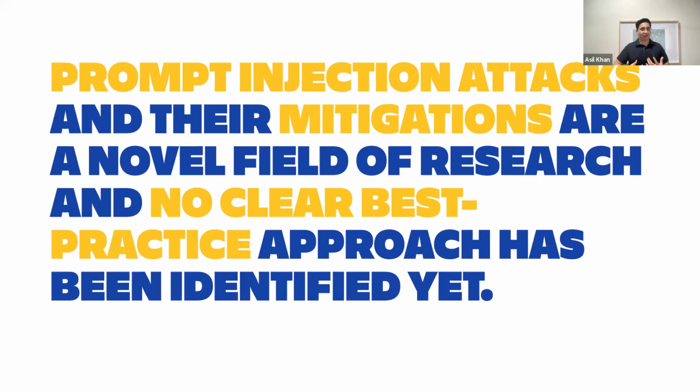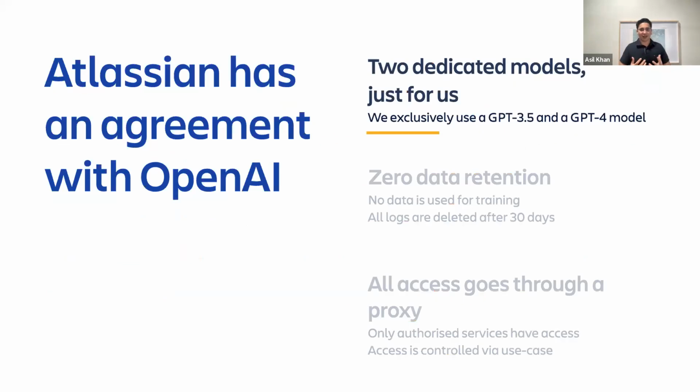And that is a solid agreement with the API's vendor. Atlassian ourselves have an agreement with OpenAI where we have exclusive use of two ChatGPT models, GPT 3.5 and GPT 4. These models are only used for Atlassian data.